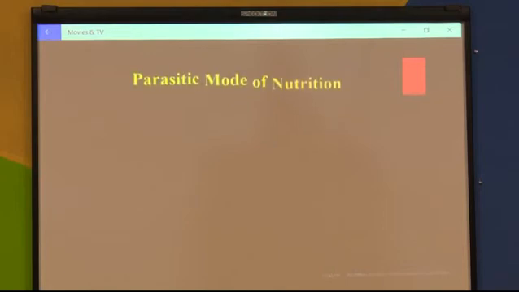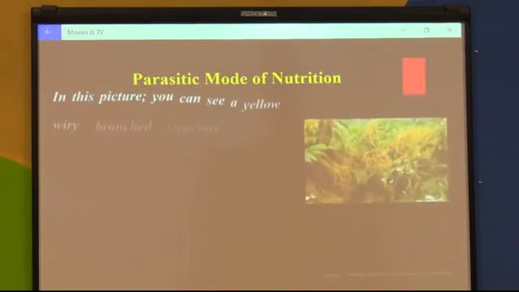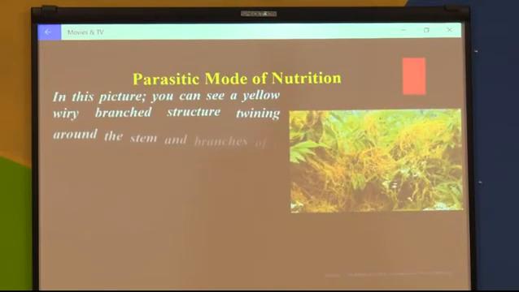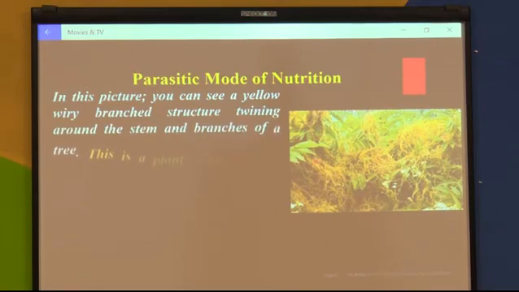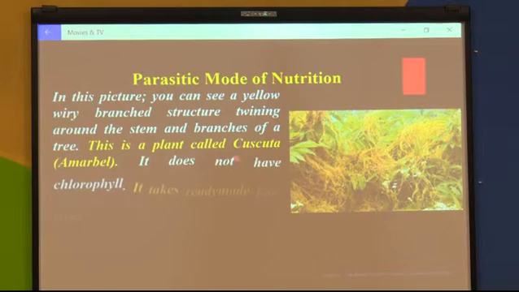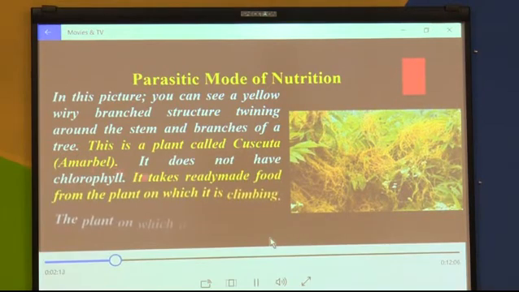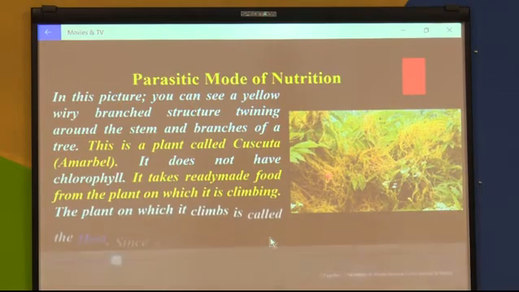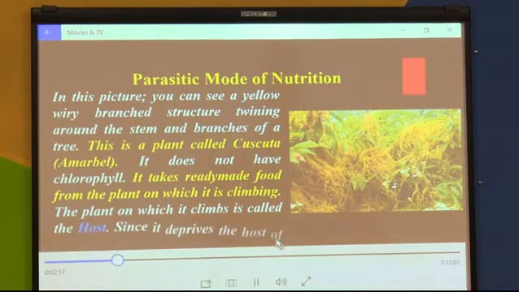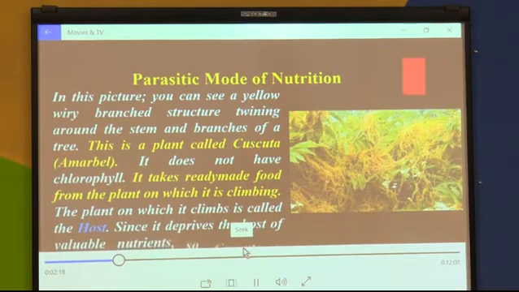So, let us discuss first the parasitic mode of nutrition, the first mode of heterotrophic nutrition. In this picture you can see a yellow wiry branched structure twining around the stem and branches of a tree. This is a plant called Cuscuta, also known as amarbel.